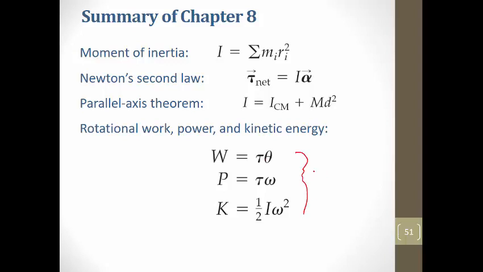These are all scalars, which means that they are not vectors, so they don't have direction. This is also a scalar, just like mass is a scalar. Torque is a vector. But we only have 2 kinds of direction, clockwise and counterclockwise.